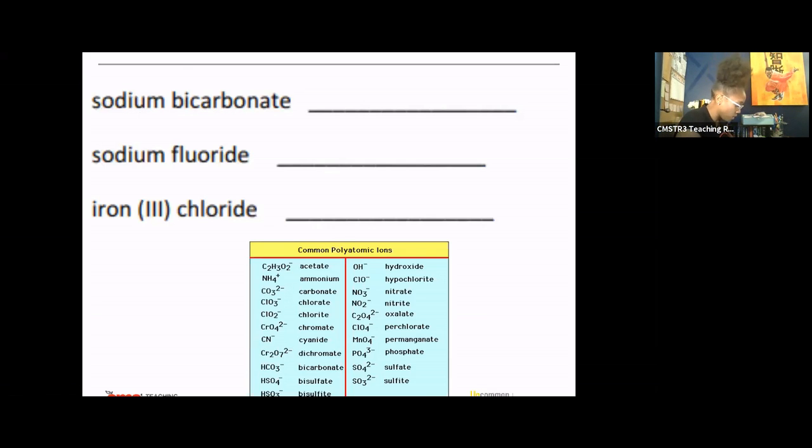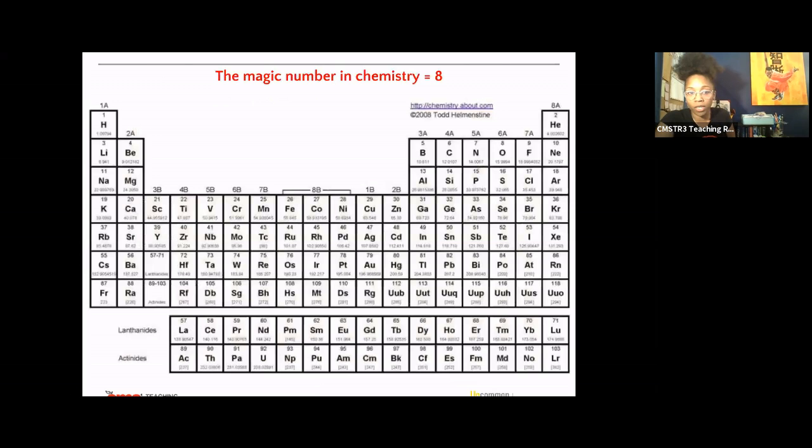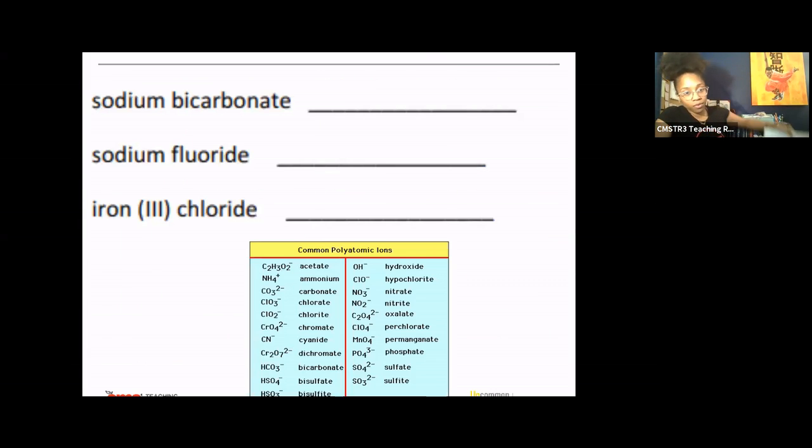So if you look at a periodic table, and I know some people don't have one, so I'm going to go back to it. Sodium is right here. What is its charge? Plus 1. So if we have sodium bicarbonate, we say sodium has a 1+ charge, right?